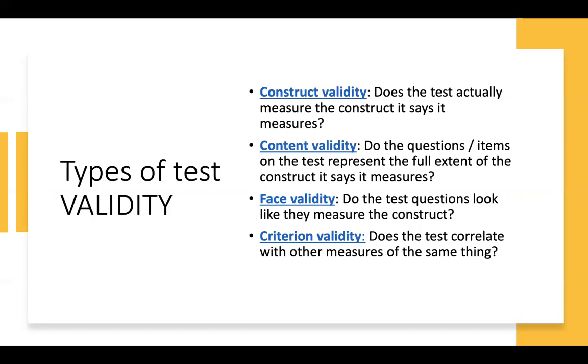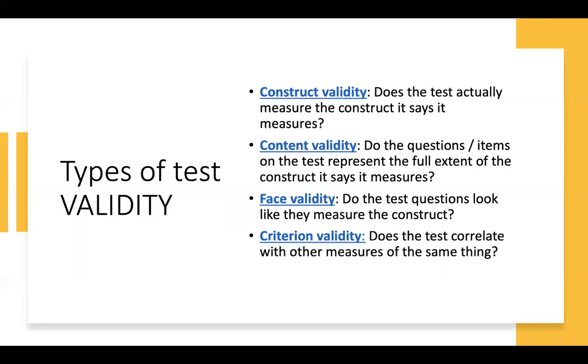Content validity is a way of looking at what does it include. Do the questions on your test, on your questionnaire, on your measure, do those questions represent the extent of the construct it says it's measuring? And so anxiety, if you say, does your stomach feel tense or nauseous? And that's the only question you have about anxiety. This may not measure anxiety very well.